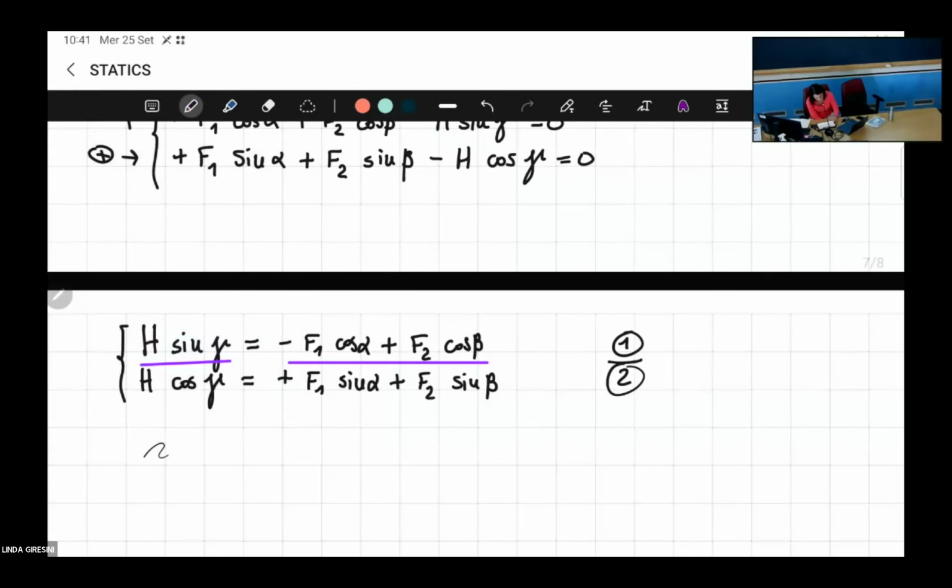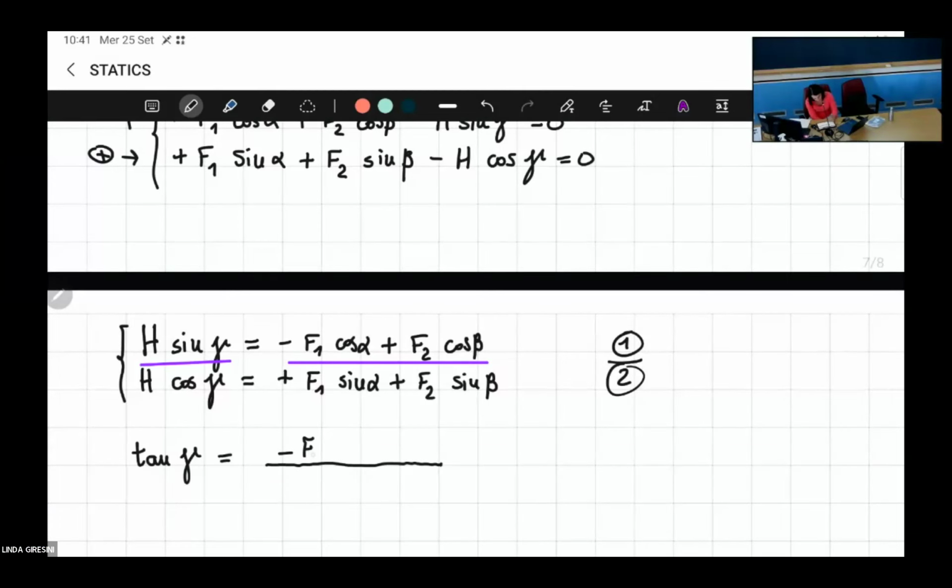So now what I get is tangent gamma, because sin over cos is tangent, equal to minus, please don't put the minus outside the ratio because otherwise you make a mistake.